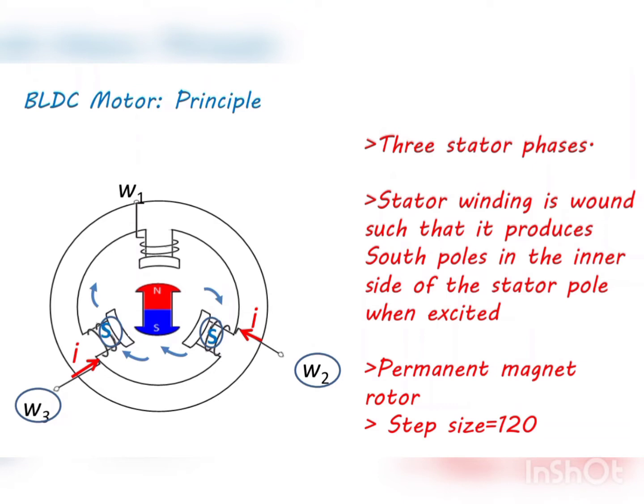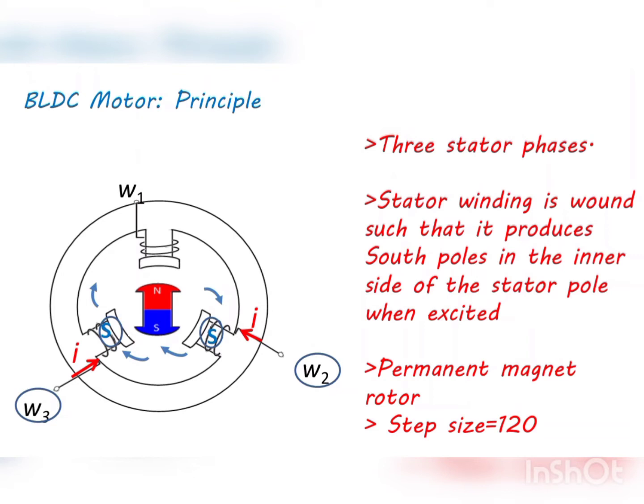From the rotor position shown here, if we excite winding W2, a south pole is created under the W2 winding of the stator. The south pole of the stator attracts the rotor's north pole, and at the same time repels the rotor's south pole.